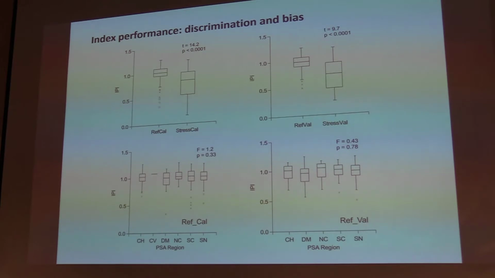So reading from left to right across that x-axis, those abbreviations stand for Chaparral, Central Valley, which only had one reference site, Desert Modoc, North Coast, South Coast, and Sierra Nevada. And that lack of bias, which is a good thing, was true also in validation data, which is shown in the lower right plots.